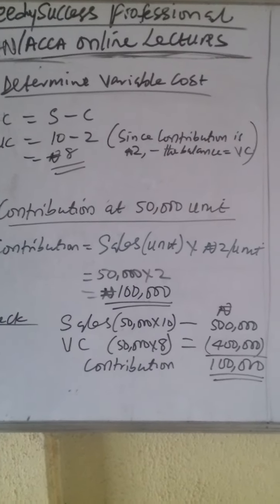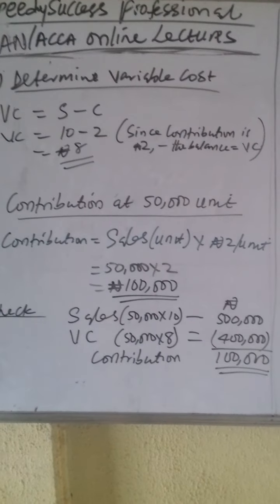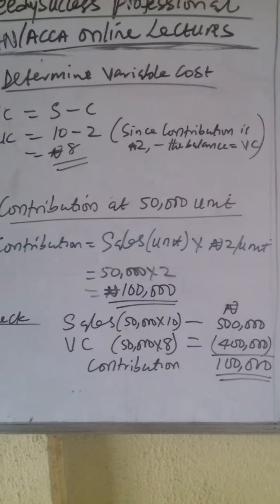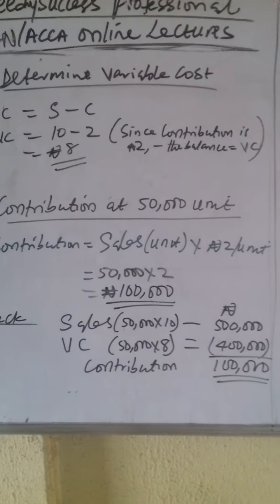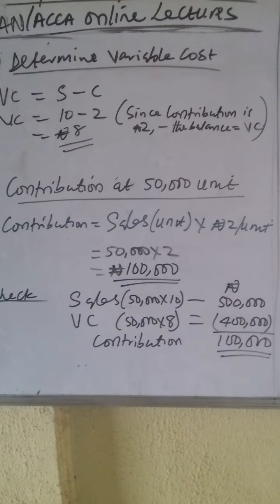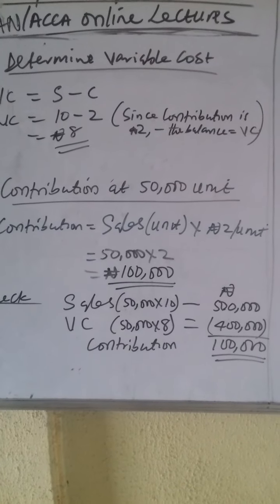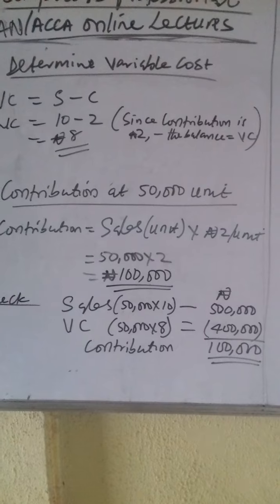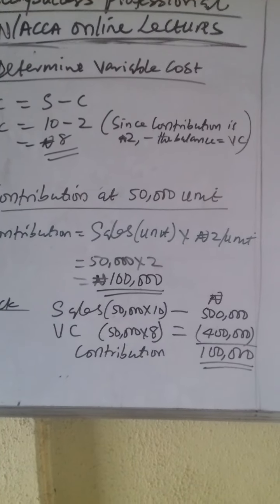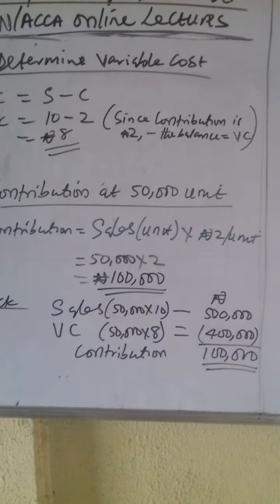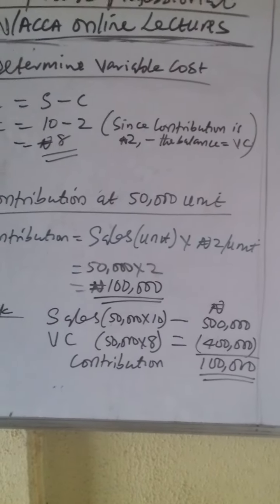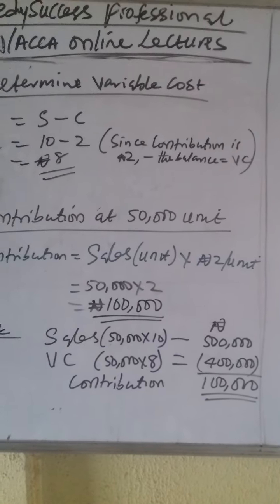Contribution is equal to sales in units times contribution per unit, and that's 50,000 times 2. It gave us 100,000. Let us check whether we are correct or not. If sales is 10 naira per unit, multiplied by 50,000, it will give us 500,000 naira. Variable cost is 50,000 times 8, 400,000. Take it away, you will have a contribution of 100,000.